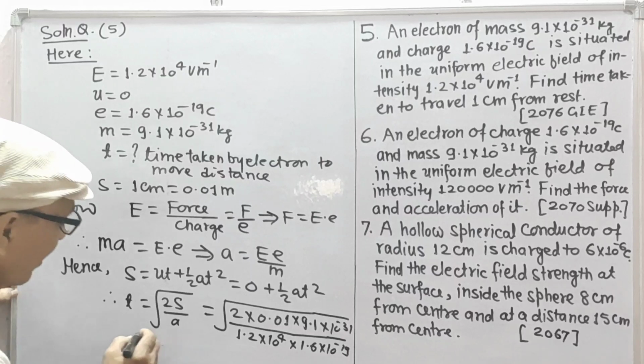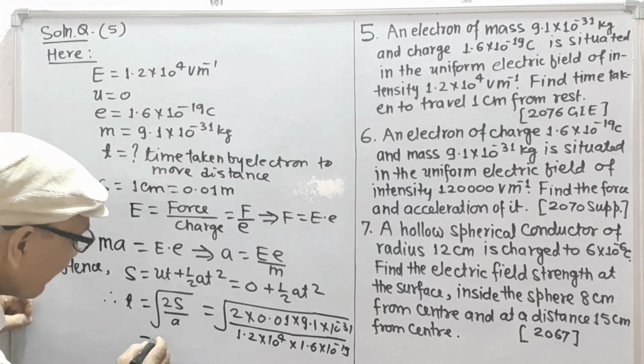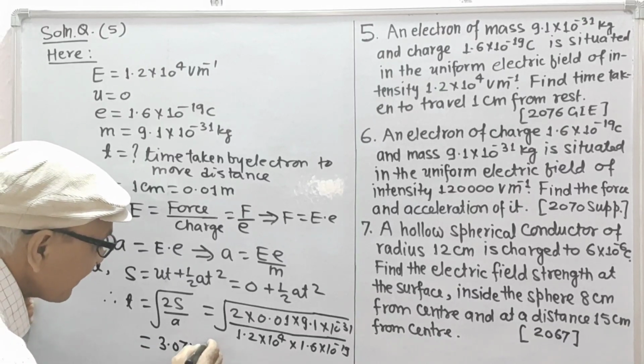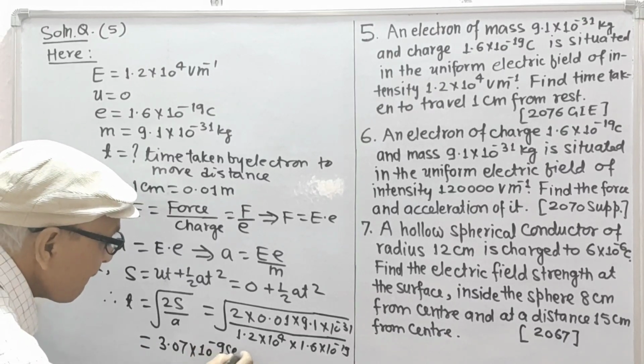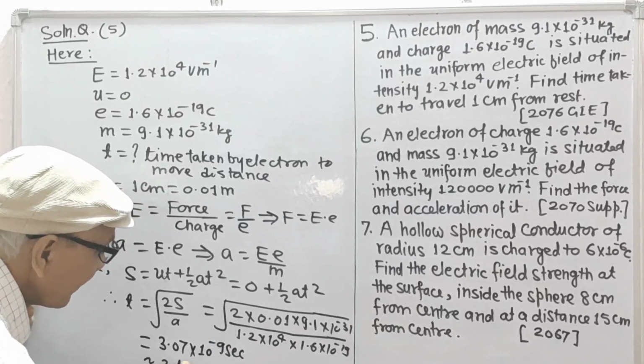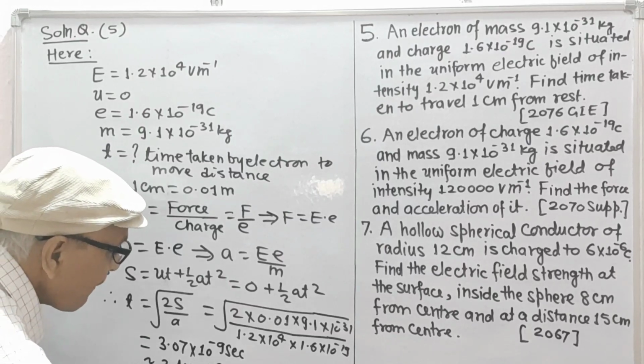So, on simplification we get time as 3.07 into 10 to power minus 9 second, which is nearly 3.1 into 10 to minus 9 second.